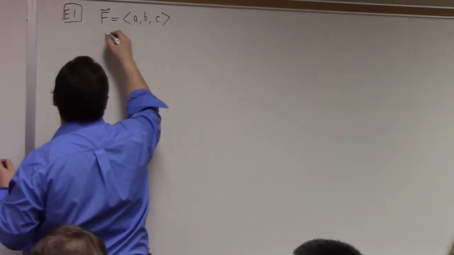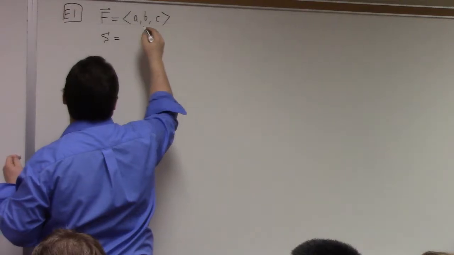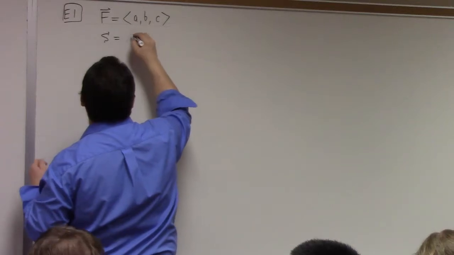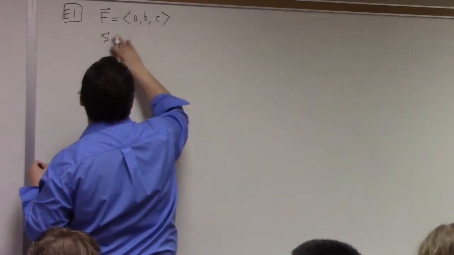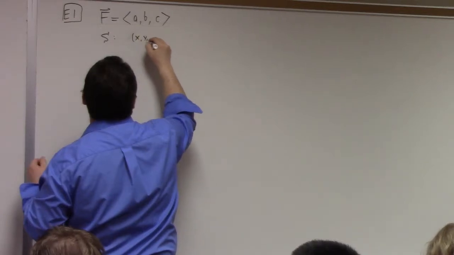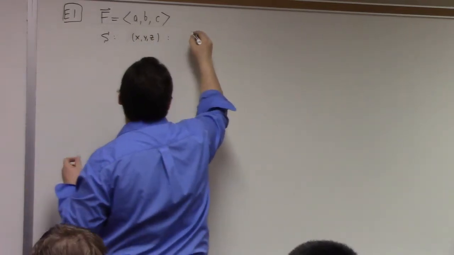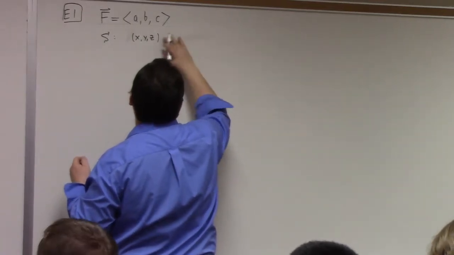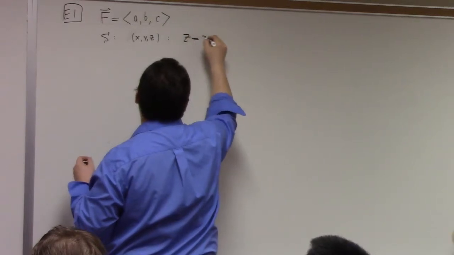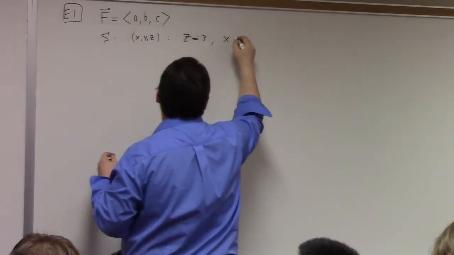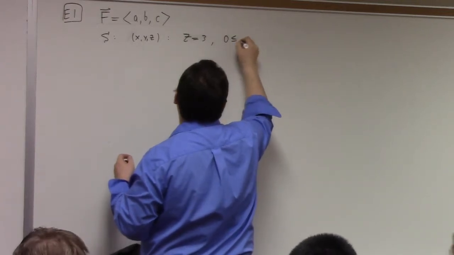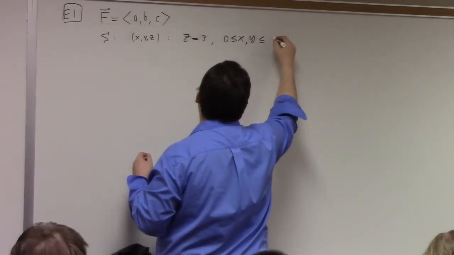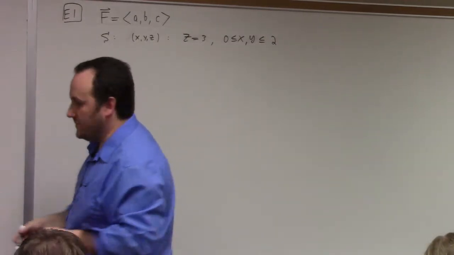And we'll look at S equal to, I'll keep it pretty simple here, the set of (x, y, z) such that z equals 3 and 0 less than or equal to x, y less than or equal to 2. It's a pretty simple one.